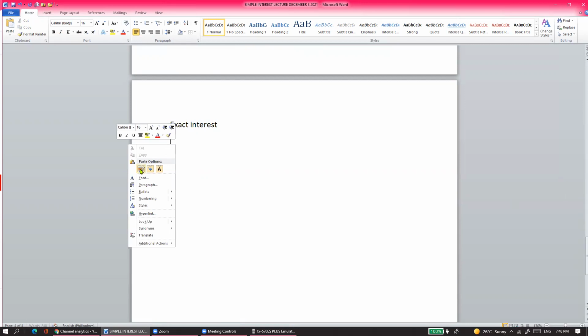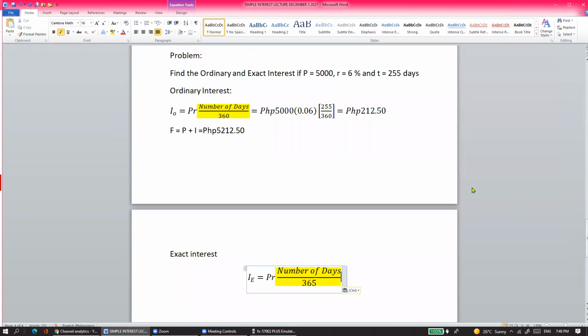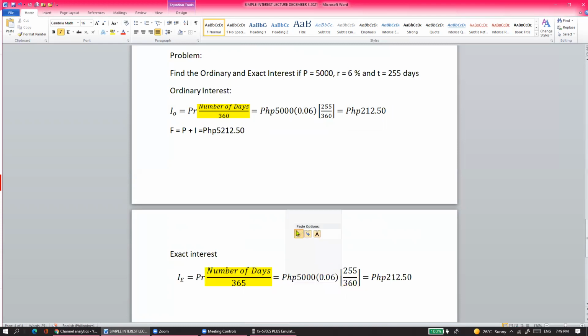So, I sub B is equals to PR, number of days over 365. I'll just copy-paste this, but we need a slight revision in our computation. So, I'll just replace the 360 with 365.